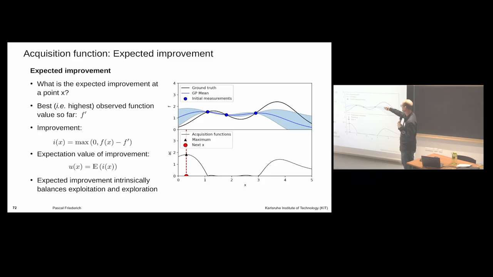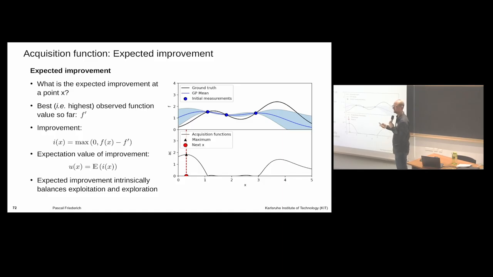For example, the expected improvement acquisition function. Basically, we look at the previously best observation that we had. So we look at these 3 data points. The highest one was this, that's f star. Then we look at the difference between our function and the best observation so far, and calculate the expectation value of that.